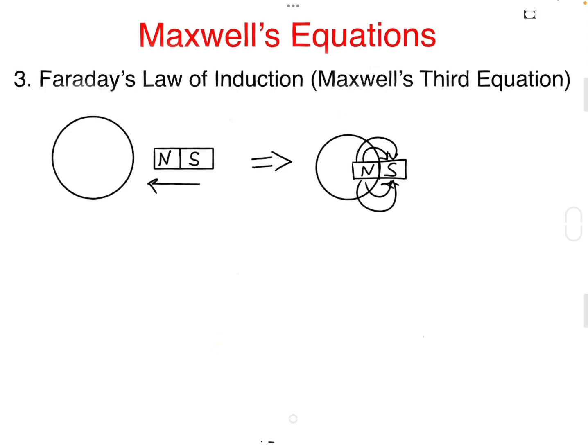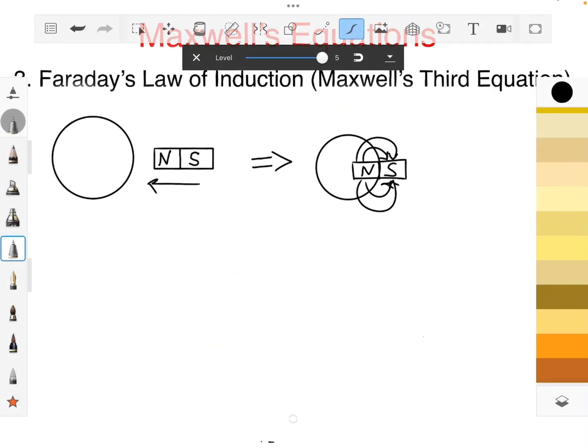So we have this ring. Now that ring has this electric field. The magnet induced the electric field. Let's draw the electric field around the magnet. So I will just draw it like that.